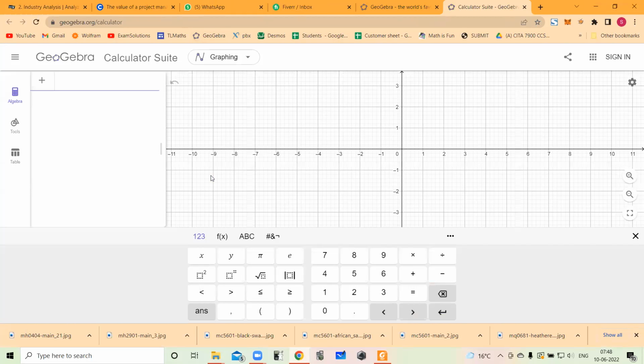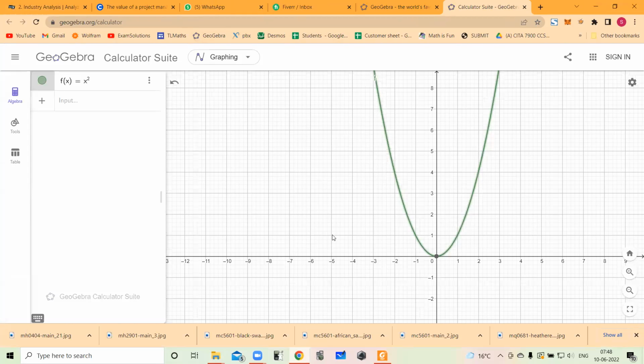So I told you the simplest parabola is y equals x squared, right? So I'll be writing y equals x squared. I got a parabola, see? Now the number in front of it, you remember, y equals ax squared plus bx plus c. You're having a in front of x squared.